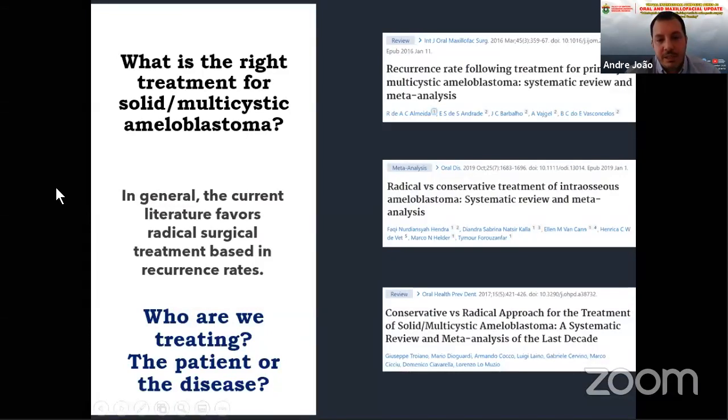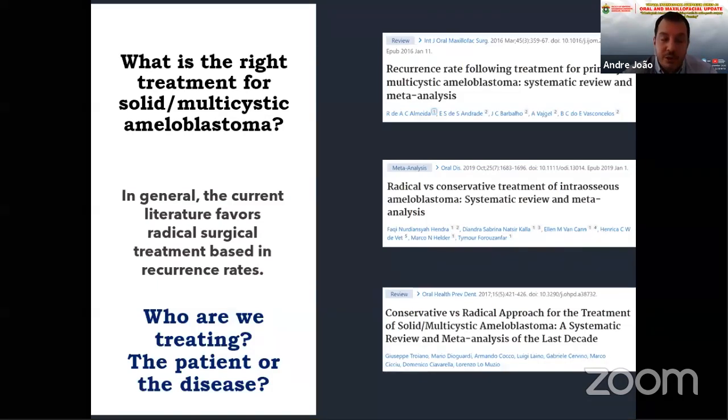So this is a question that I keep asking myself. Who are we treating? Are we treating an ameloblastoma, a tumor, or are we treating the patient? Why am I asking this question? Because I have difficulty reconstructing this patient. As I said before, as a maxillofacial surgeon in Brazil, we don't have training in microvascular surgery.